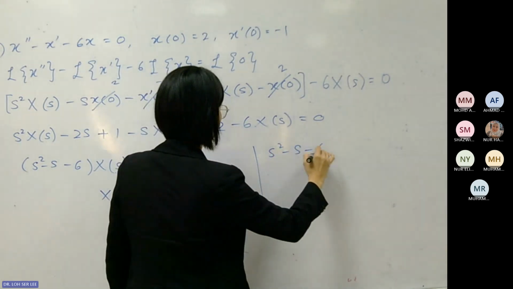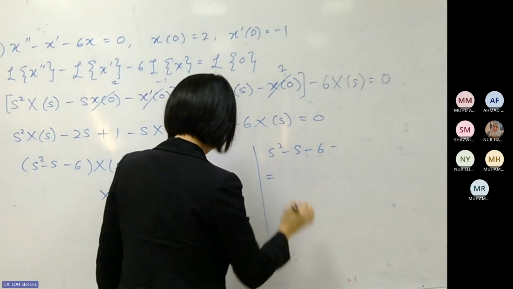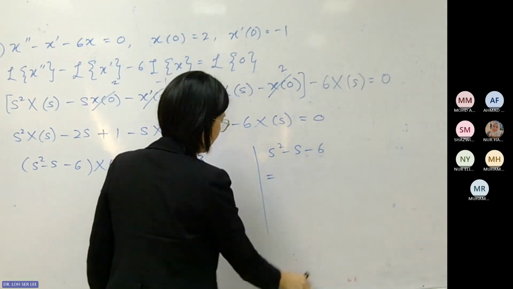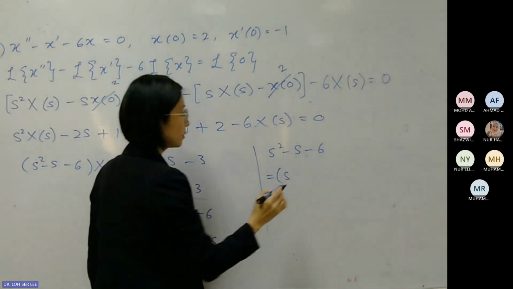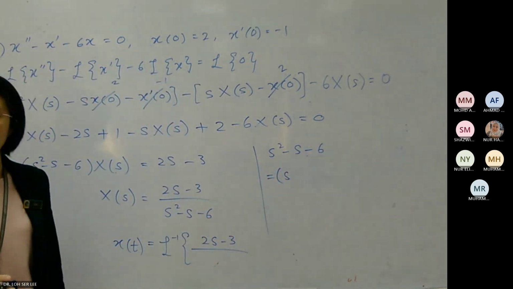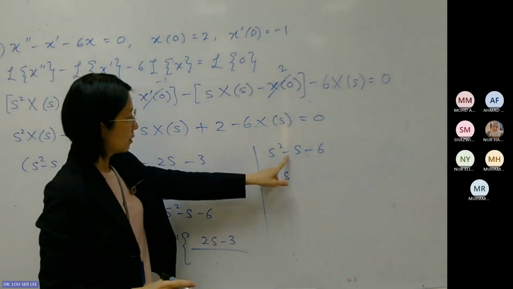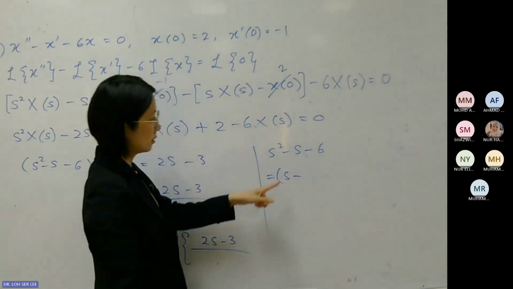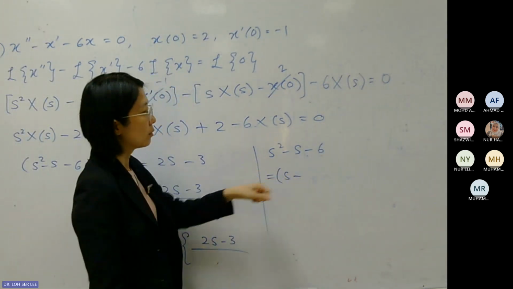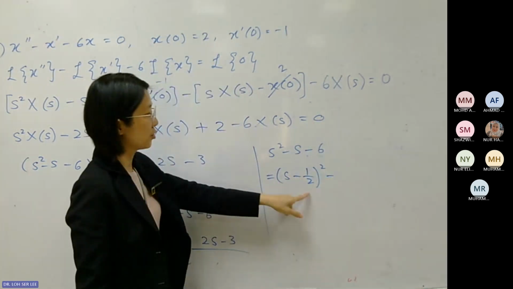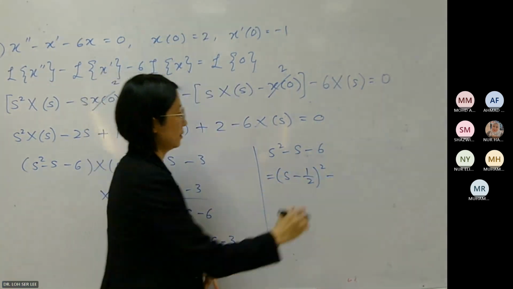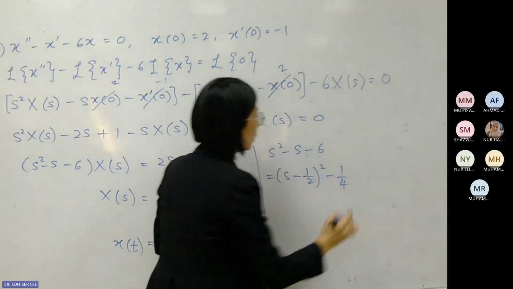S squared minus s minus 6. Okay. So you have s minus 1/2, minus the square of this, 1/4.